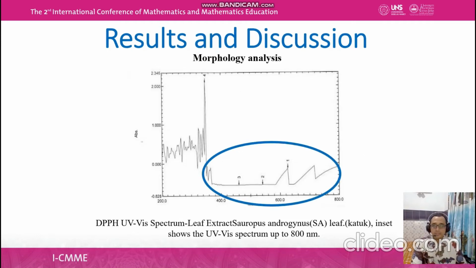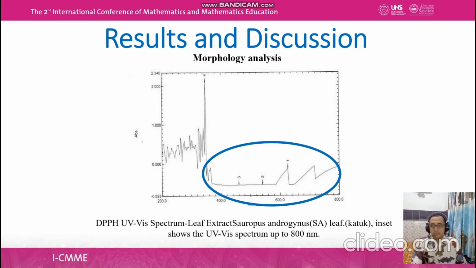The absorption properties of nanoparticles can be well understood using UV-visible spectroscopy. Furthermore, the UV-vis spectrum of the DPPH Katuk leaf extract is shown in the figure.